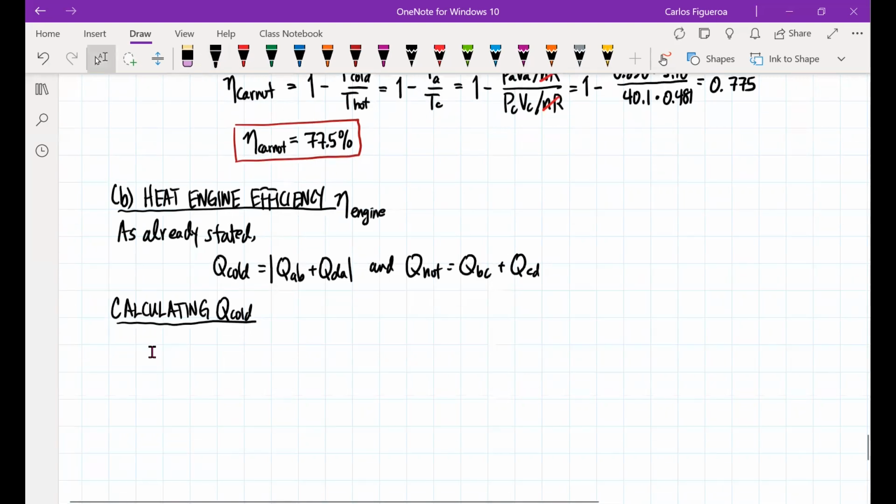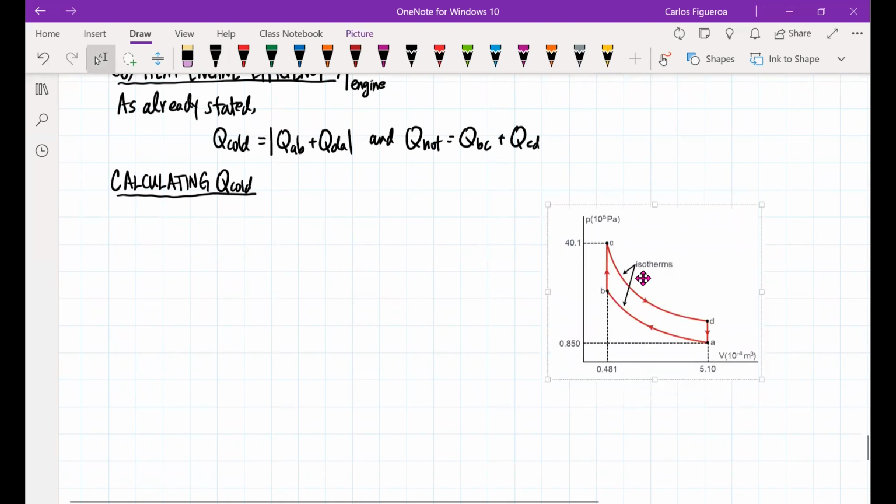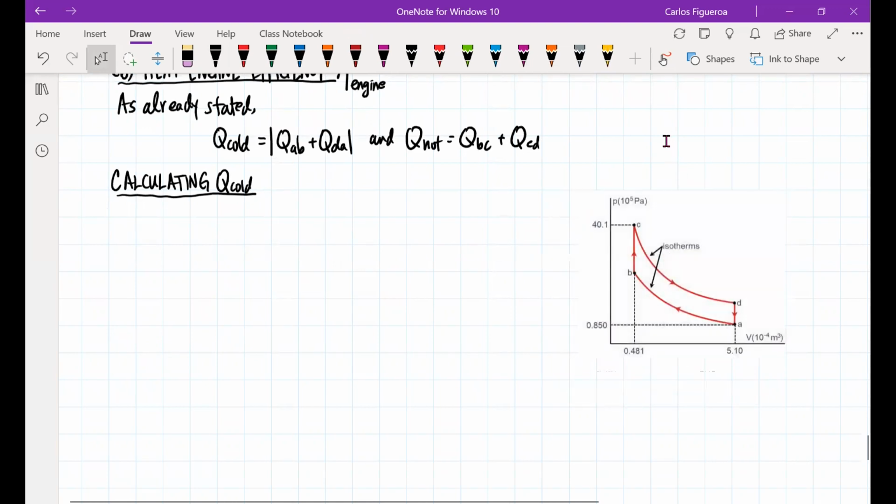So let me move this up. And again, I've got to bring my diagram with me. And here's what I know. Here is my cycle. What I know about the cycle is that there is heat ejected into the cold reservoir, which is QAB, and this is QDA.